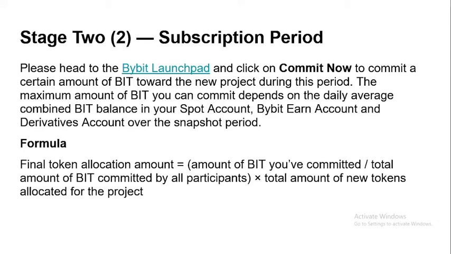The formula is: final token allocation is equal to the amount of BIT you've committed over the total amount of BIT committed by all participants, multiplied by the total amount of new tokens allocated for the project.